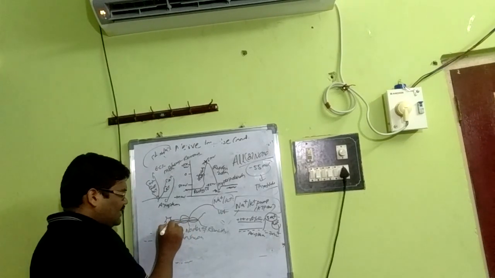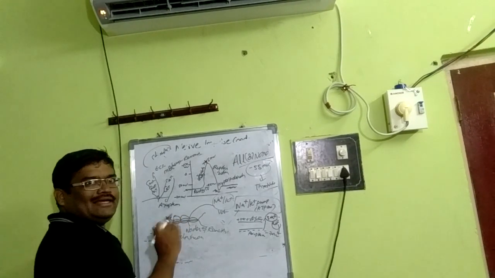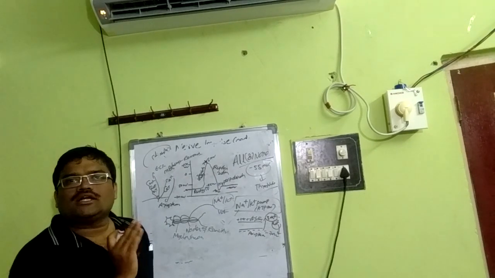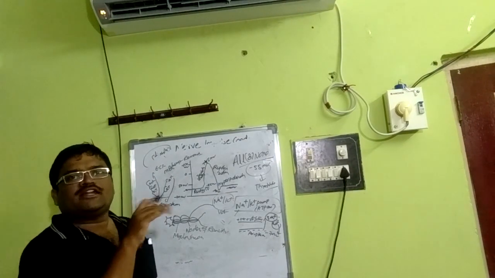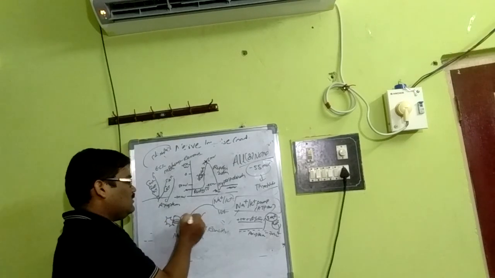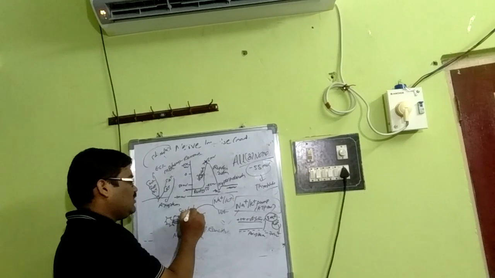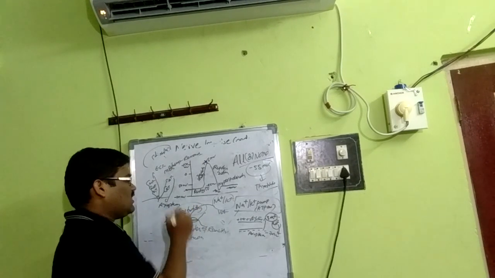Here, at the first point, an action potential is generated, then it jumps to the next node because there is a myelin sheath here. The conduction is not continuous. It is called a saltatory jump. It jumps from one point to another, what we call simply saltatory conduction.